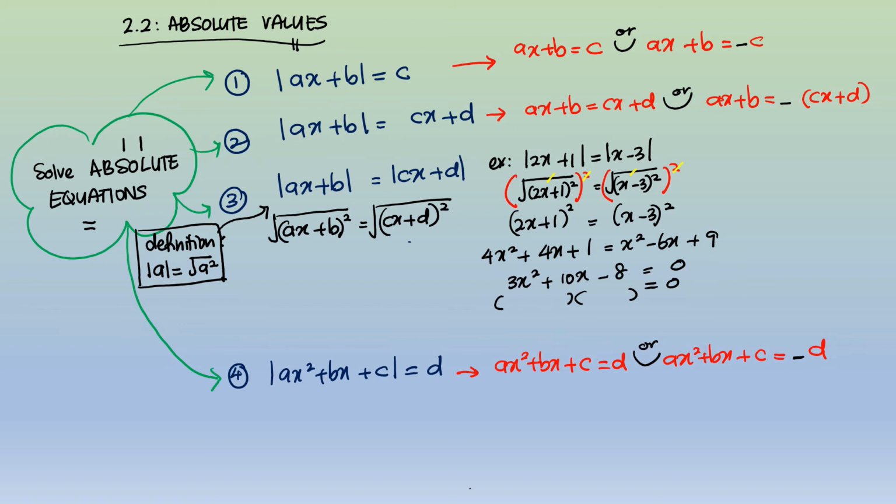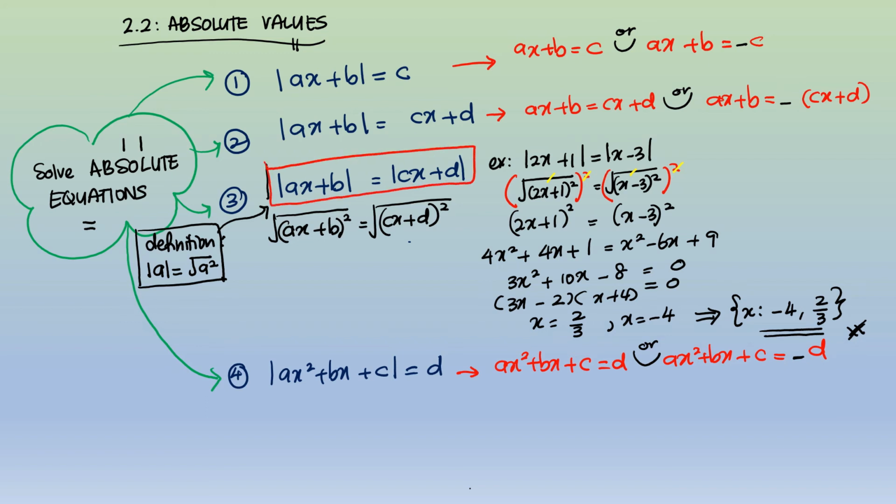Okay, you will get 3x minus 2, x plus 4. So x equal to 2 over 3, x equal to negative 4. Our final answer should be written in this form as negative 4, 2 over 3. We start with the lowest to highest value. Alright, so that's how you solve the equation that has all modulus inside.